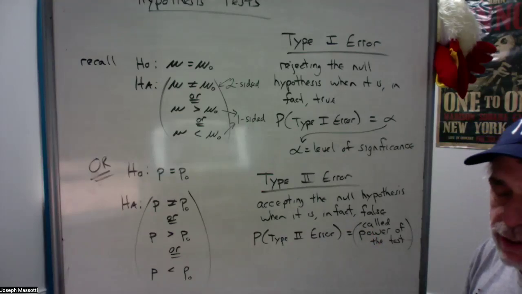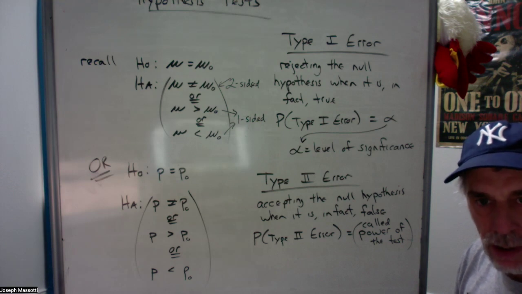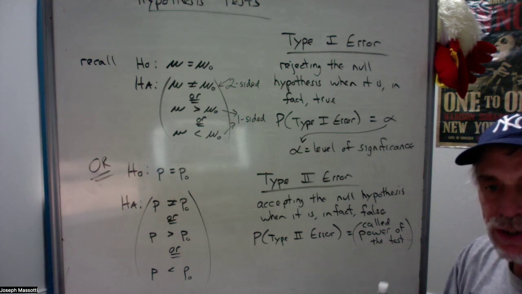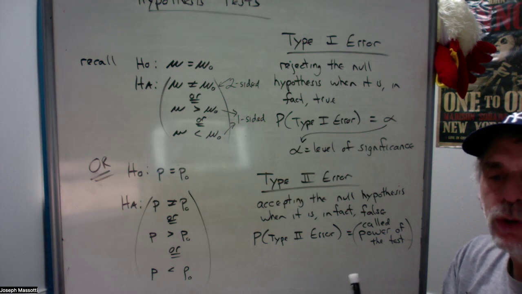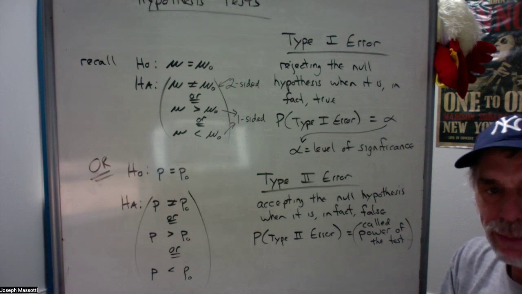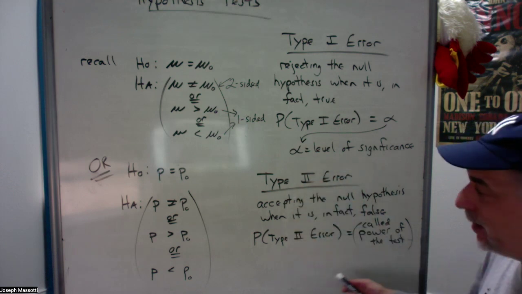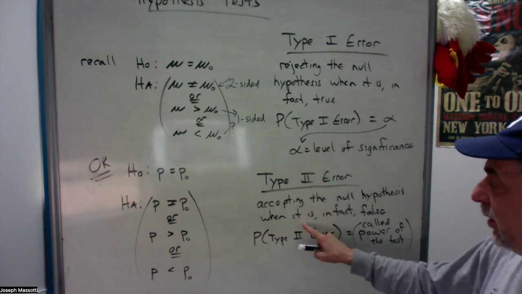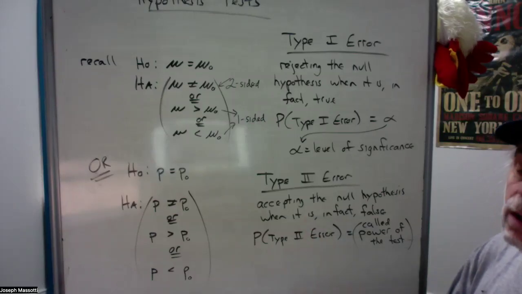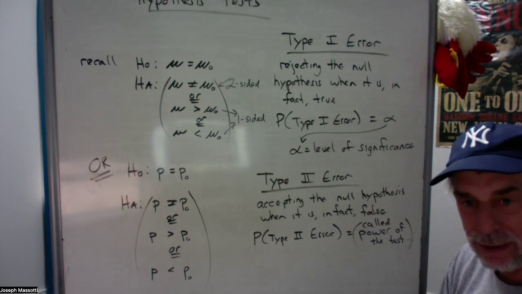And again, think of the jury example. Ideally, we don't want to send innocent people to jail. Right? So we make exceptions to make sure, or at least in theory try to reduce the chance of sending innocent people to jail. Now, by doing that, we necessarily increase the chance of accepting the null when it's false, or finding guilty defendants not guilty.